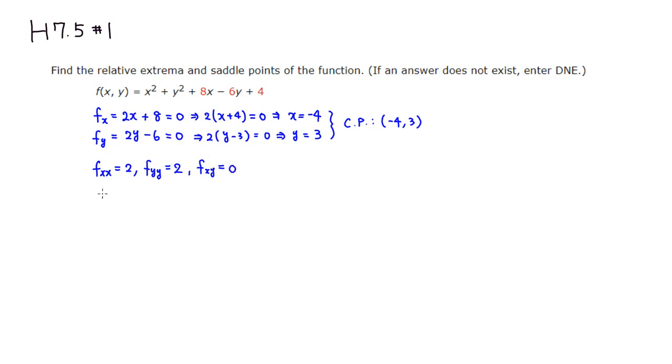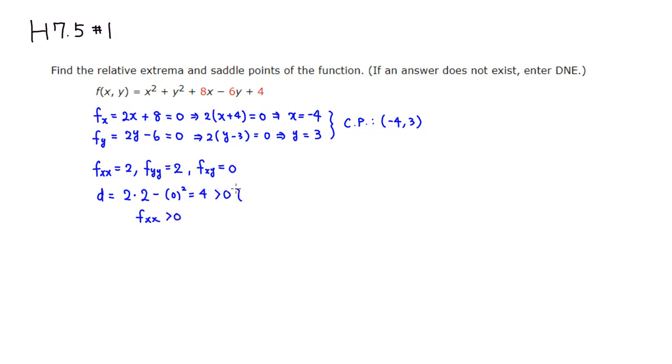All right, so we know that D is going to be the second partial with respect to x, which is 2, times the second partial with respect to y, 2, minus the mixed partial squared, so 0 squared. So that's going to be 4, but all we care is that it's going to be positive. And also, the second partial with respect to x is 2, which is positive.